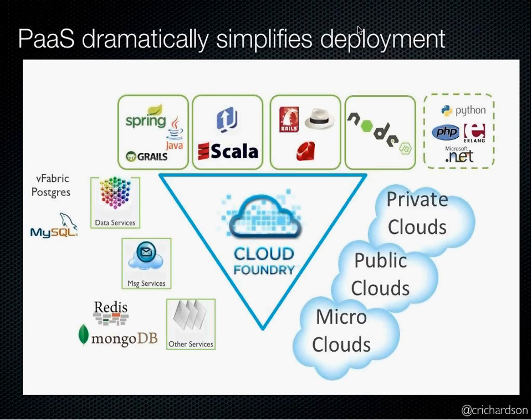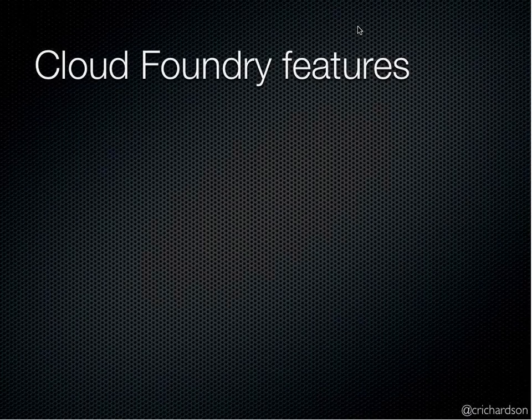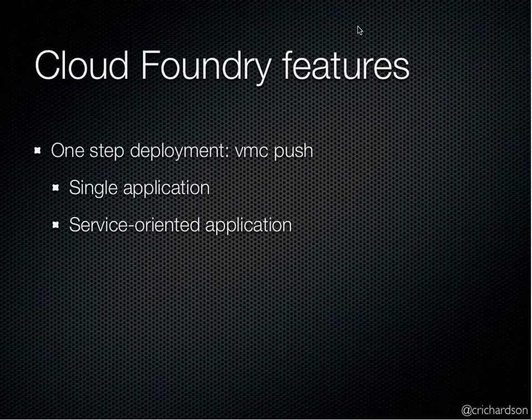So you've got this great platform for deploying these modular polyglot applications. And there's various features that I think are really important. So number one is you get single-step deployment. With one command, VMC push, you can deploy a single application, a single WAR file, or you can, by writing a manifest, you can deploy many applications written in a variety of different languages.